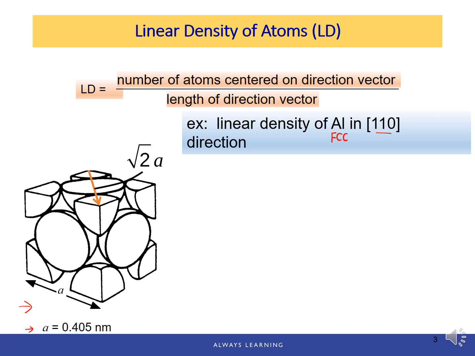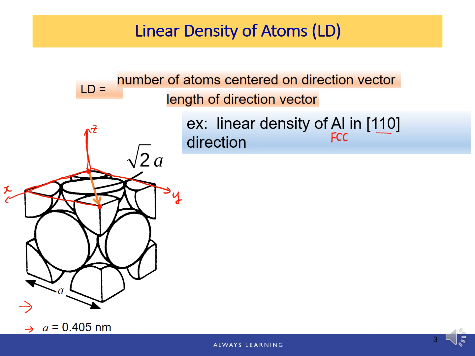The 110 direction is the face diagonal. If we choose this corner as the origin, with the x-axis here, the y-axis in this direction, and the z-axis in the other direction, we go 1 unit length along x and 1 unit length along y, and arrive at the head of the vector.